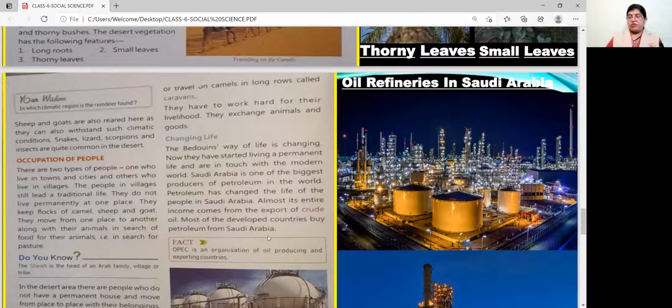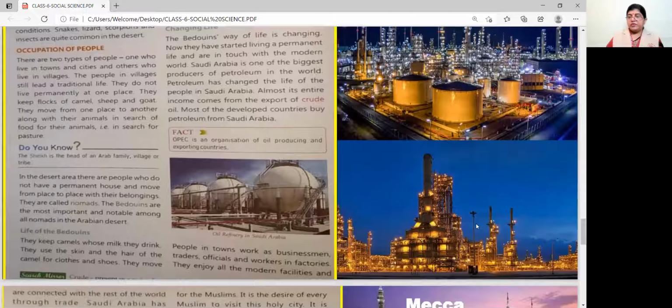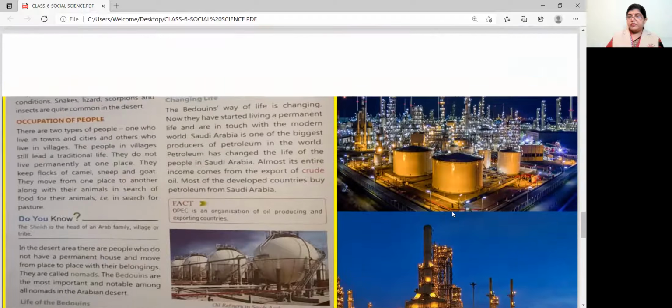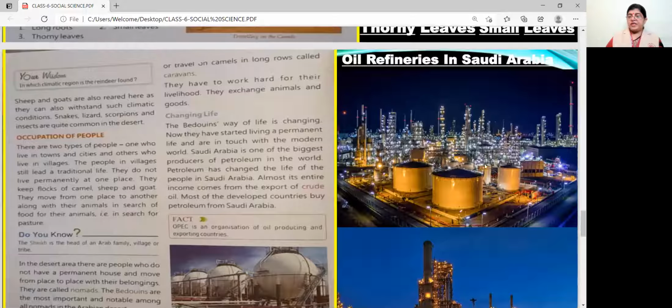Just see the oil refineries. Can you see this? So nicely developed, and they're becoming rich because of the oil found there. What is OPEC?